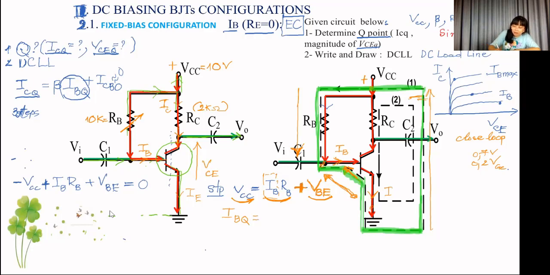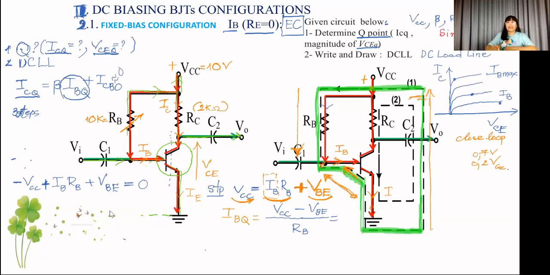Please follow me, I will go very slowly. VCC minus VBE divided by the resistance, right? This is my circuit. In this case, VCC is given.